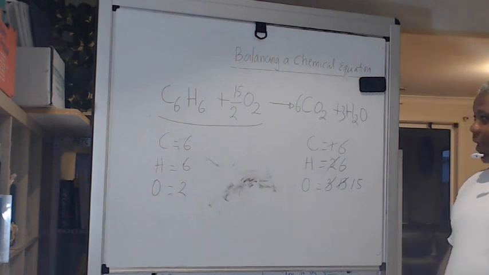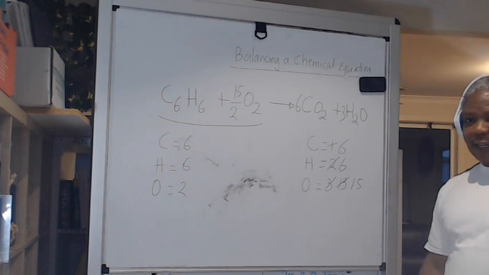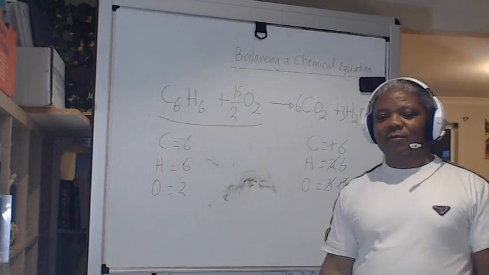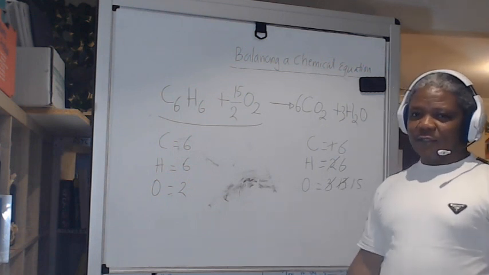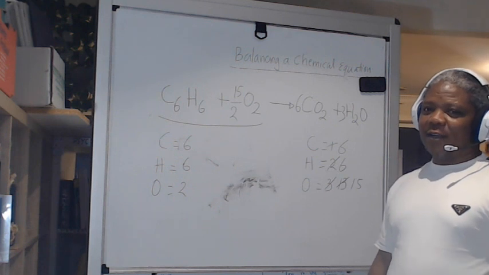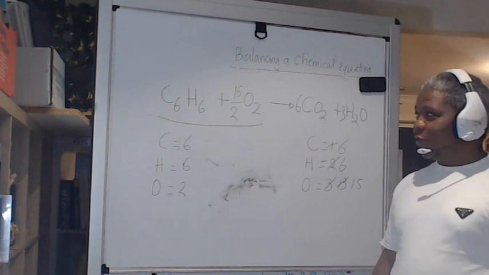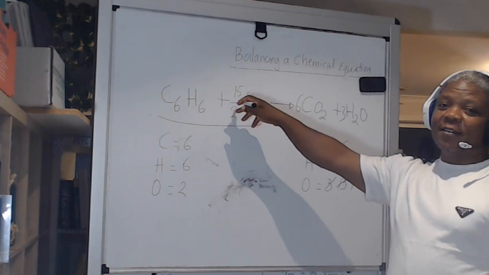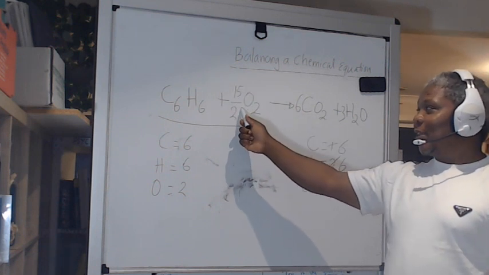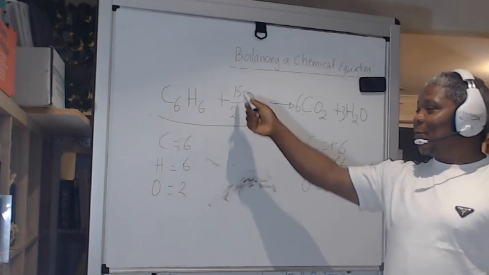Right. Now, didn't we say before that we really can't leave the equation with a fraction? So what we have to do is multiply everything by 2 to make sure that we don't have that fraction in. Because when we times by 2, we no longer have to care about this one, and that becomes 15.